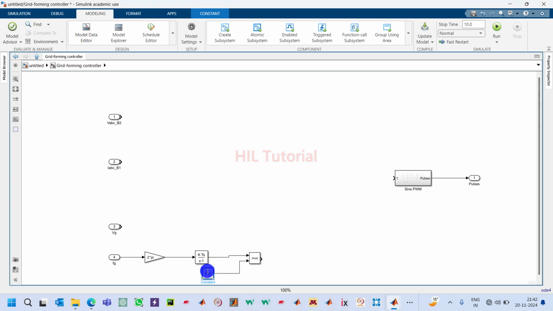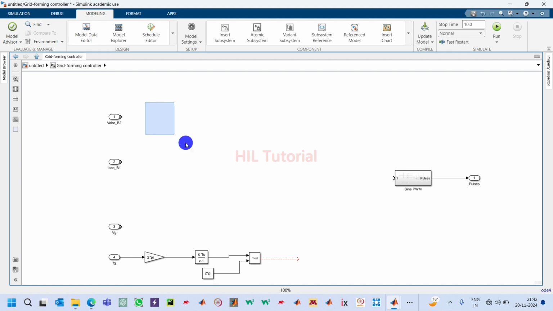With respect to this 2 pi, it will generate the mod. So finally this signal is the omega t signal, and it will look like a sawtooth. This is very important to understand in order to create the synchronizing coefficient.